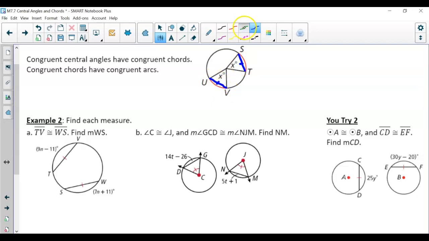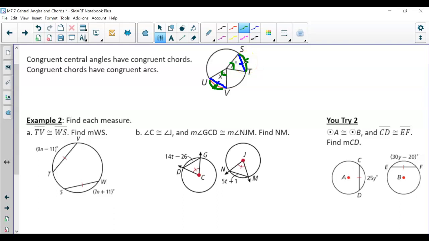So same thing goes, if you're given congruent chords, then the arcs that are created are congruent to each other. So again, the central angle, the arc, if they're congruent, then the chord is congruent, and vice versa. If you're given a chord that is congruent, then the arcs are congruent to each other.